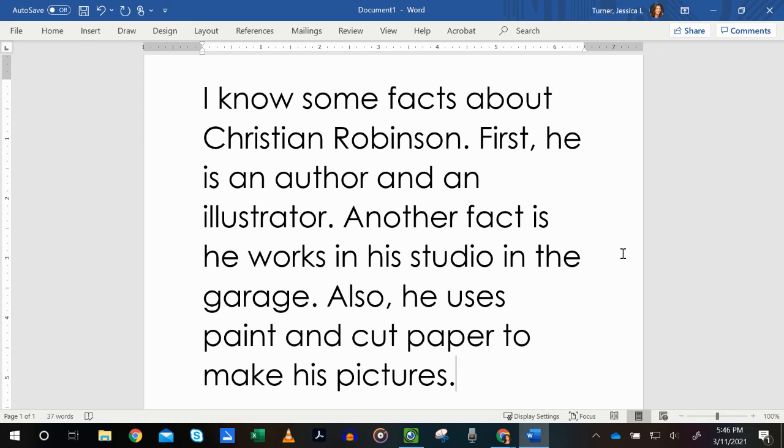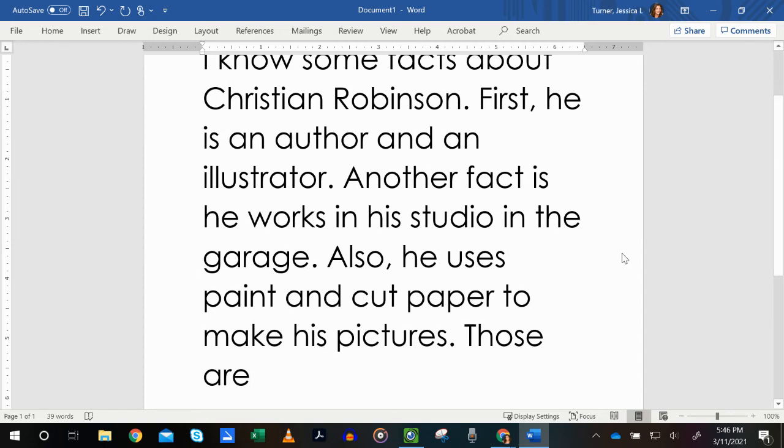When we're done sharing our facts, how do we let the reader know that we're at the end of our writing? We need a closing sentence. So let's put our closing sentence. How do we do that when we've been sharing information? We start with those are what?